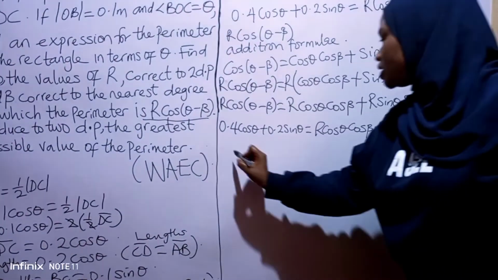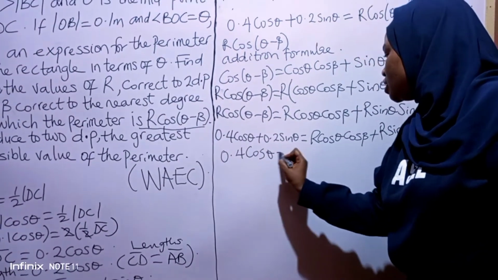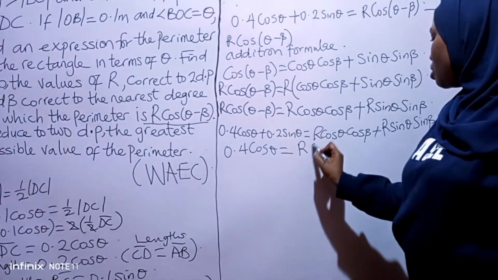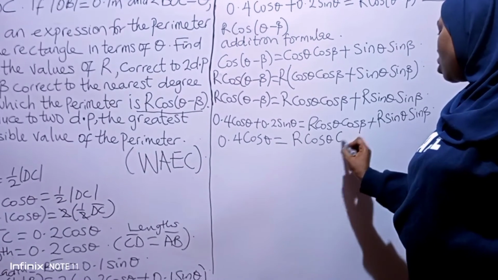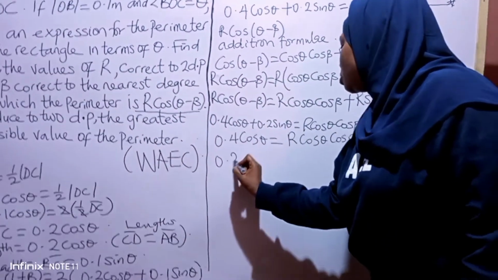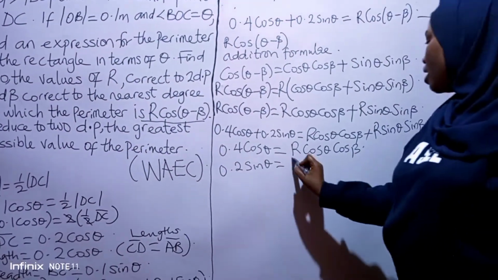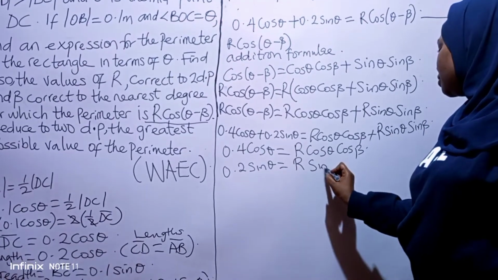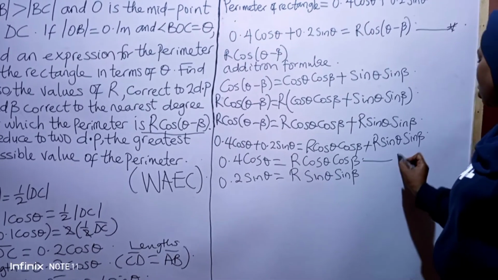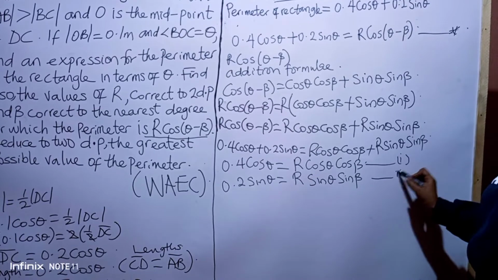So we can say that 0.4 cos theta is equal to R cos theta cos beta, and also 0.2 sin theta is the same thing as R sin theta sin beta. Call this one equation 1 and this one equation 2.